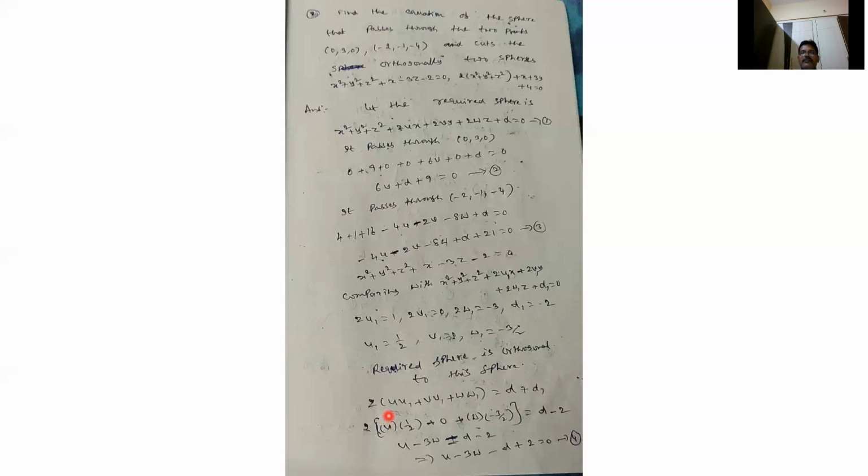So u times u₁ gives 1/2, vv₁ is 0 since v₁ is 0, and w times w₁ gives -3/2, and d + d₁ is d - 2. The 2s cancel, giving u - 3w = d - 2. Taking the left-hand side, we get u - 3w - d + 2 = 0. This is condition 3.